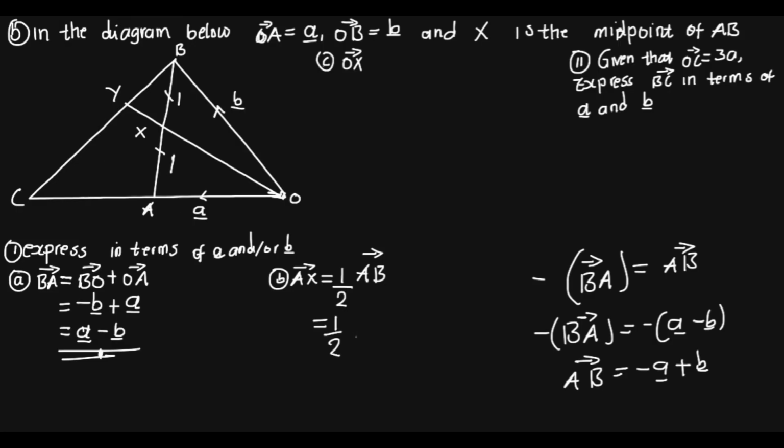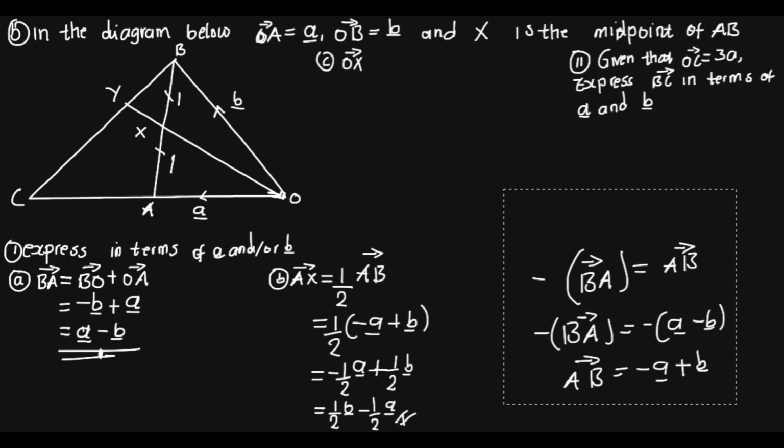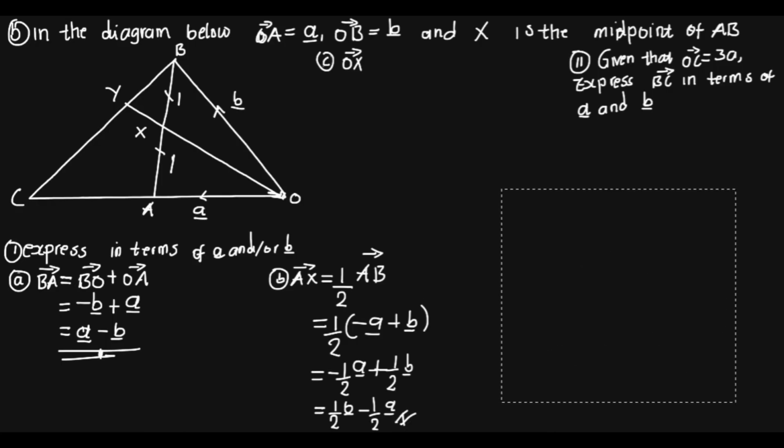So it's half, then the vector for AB is negative A plus B. If we expand, it's negative 1 over 2 of vector A plus 1 over 2 of vector B. To begin with the positive, it's half vector B minus half vector A. If you want, you can combine it by finding the lowest common denominator, or we can just leave it here.